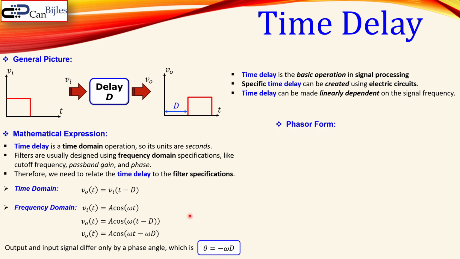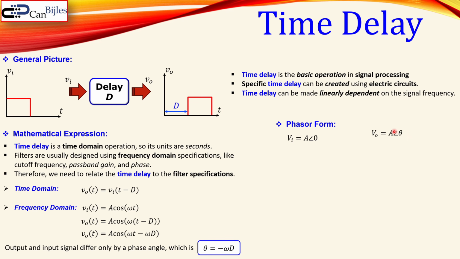The phasor form, if you keep the frequencies exact same, can be also said like so. We can say the input voltage is the amplitude, phase, in this case 0 degrees, because there is no phase shift here. And the output is then again the same gain or same amplitude, because there is no operation in the gain here or the amplitude.